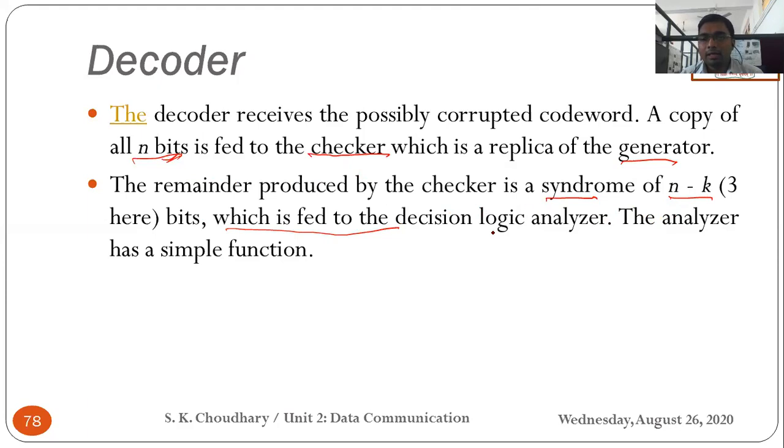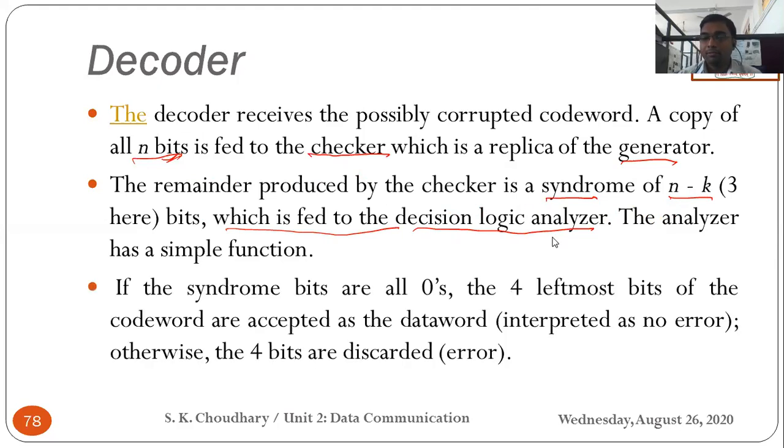And this 3-bit syndrome is fed to the decision logic analyzer. This decision logic analyzer will take some decision based on the nature of the syndrome. If all syndrome bits are 0, then the 4 leftmost bits of the code word are accepted as the data word, and it is considered that no error has been added.